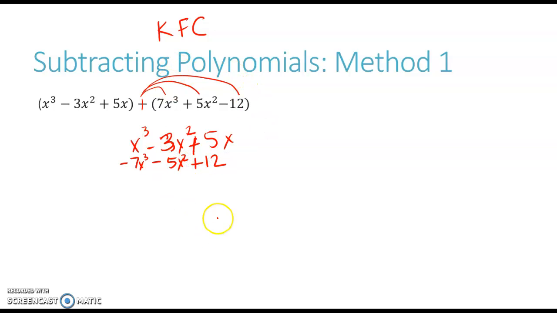But I need to be careful. That 12 doesn't have an x, so I'm going to put a space and do plus 12 over here. Because I don't have an x term in this one, I've got to space it out.